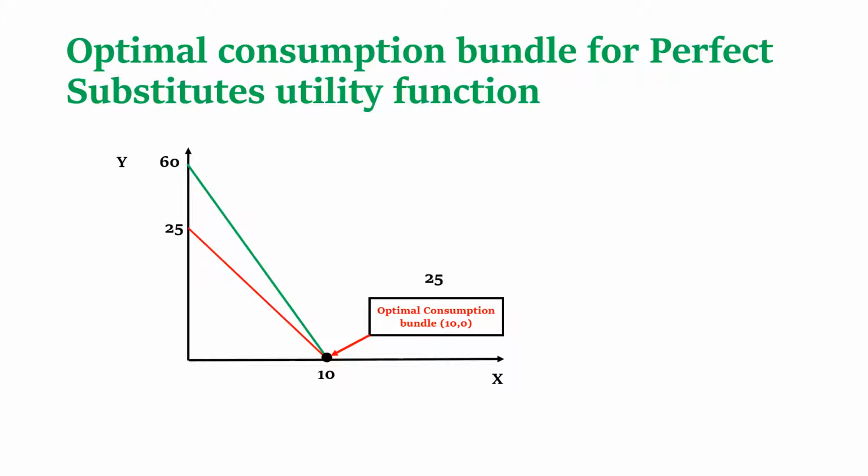Now we see the green line there represents that indifference curve. We know the indifference curve there is 180 equals 18x plus 3y, right?